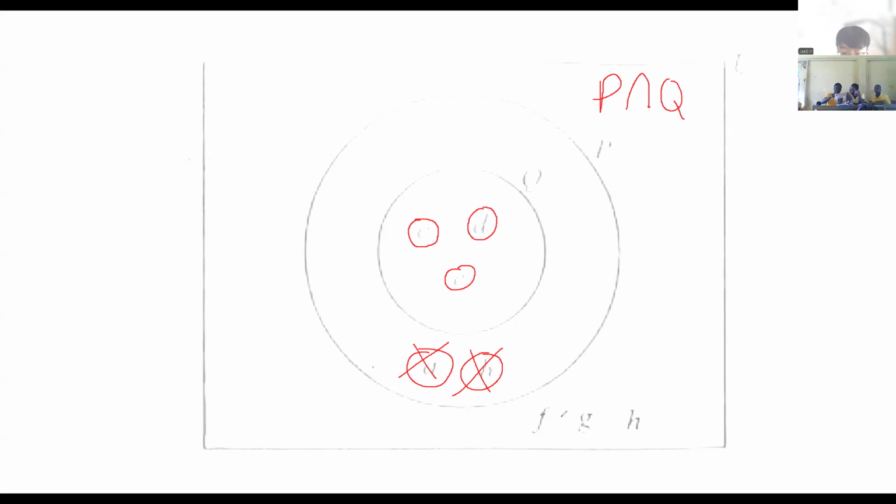And F, G, and H are completely outside the set.